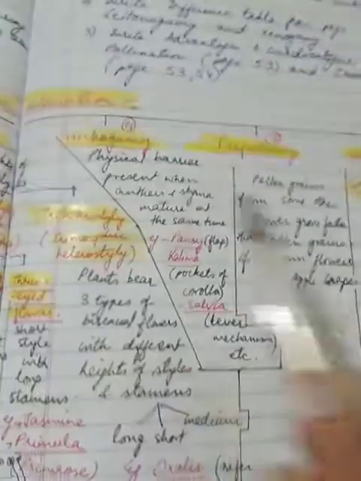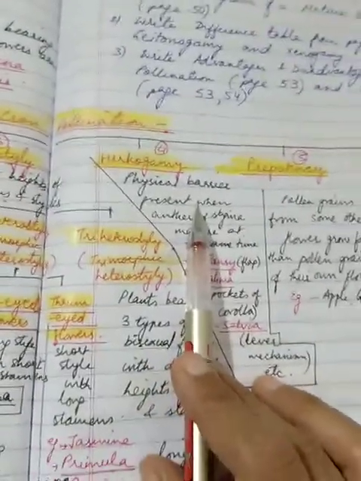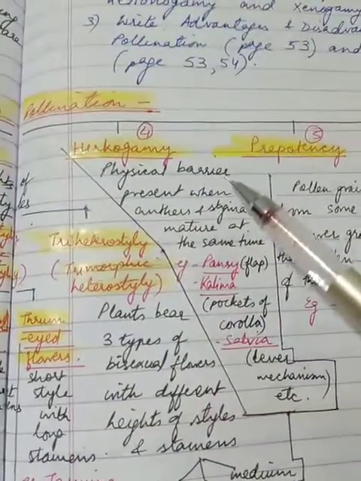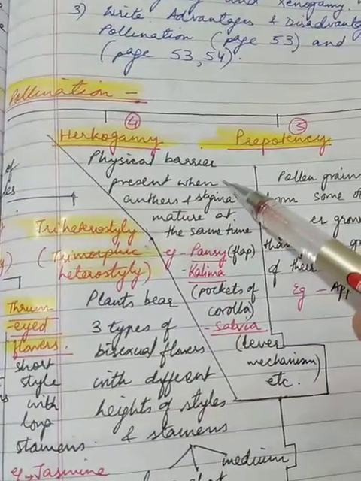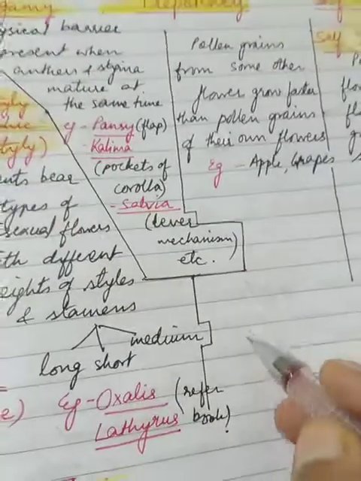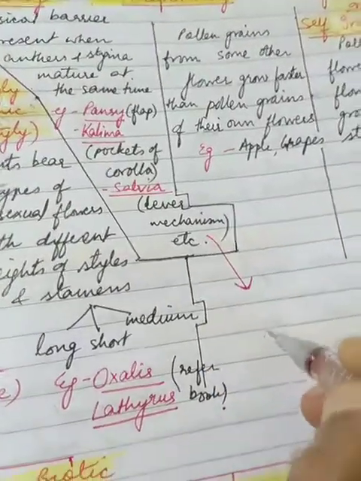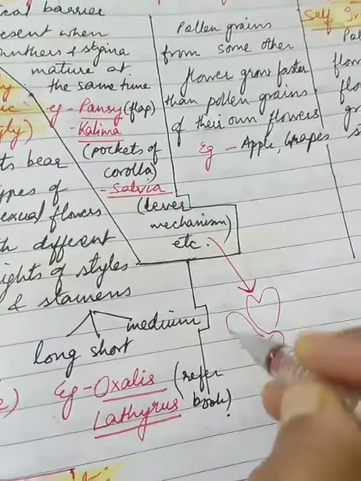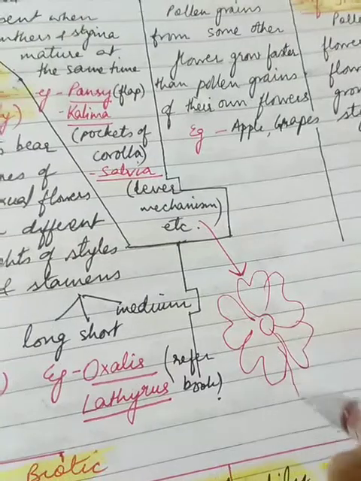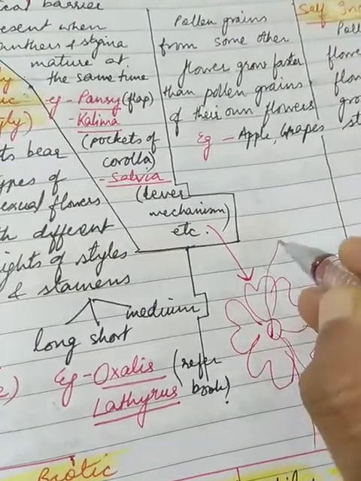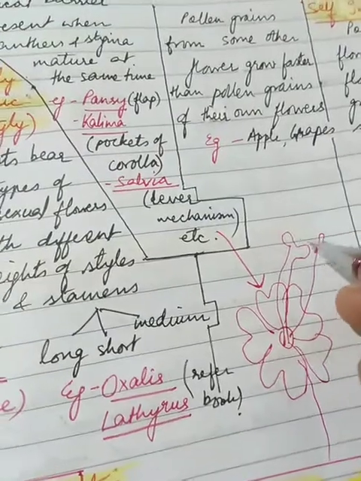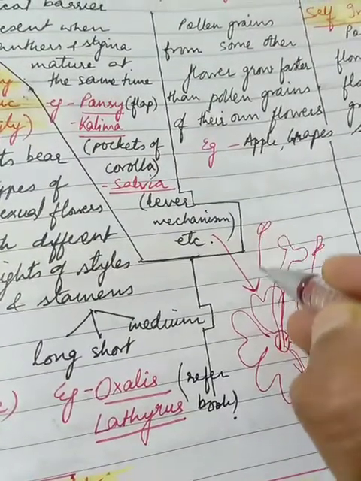Coming to the fourth kind of contrivance or obstacle to self-pollination: hercogamy. Hercogamy means a physical barrier. Suppose this is a flower in which both stigma and anthers have matured at the same time. Suppose this is the stigma, and this is the anther which is ready at the same time.